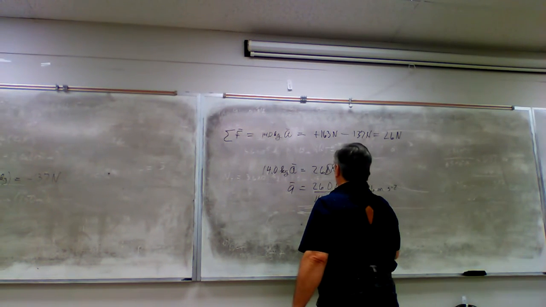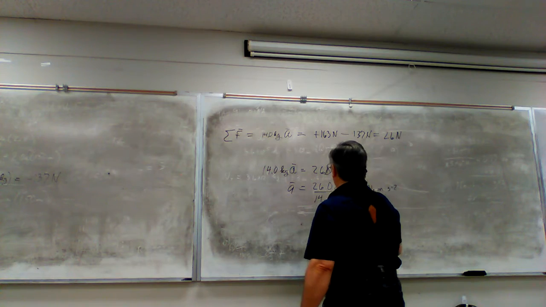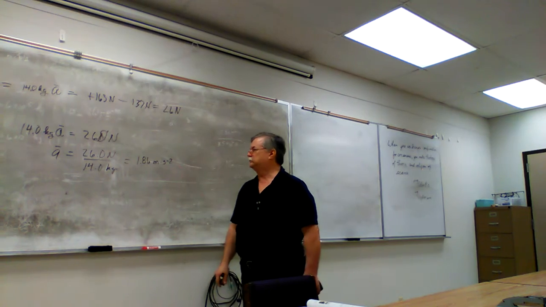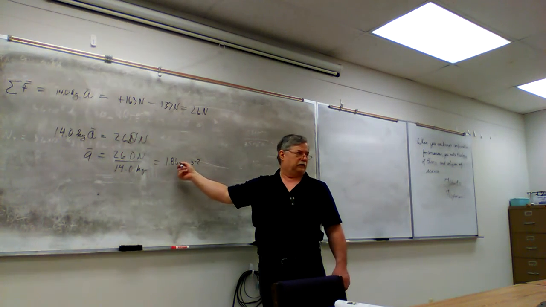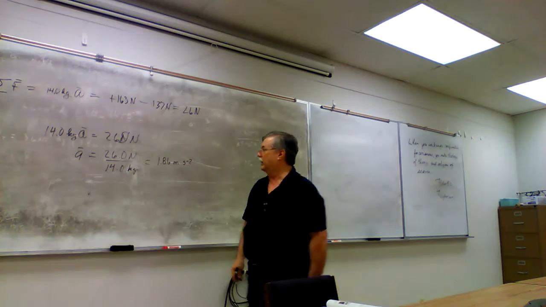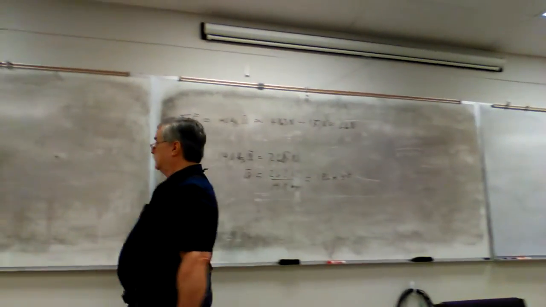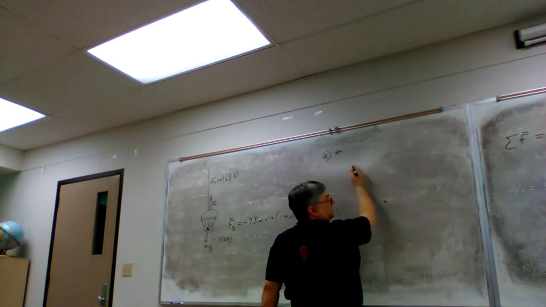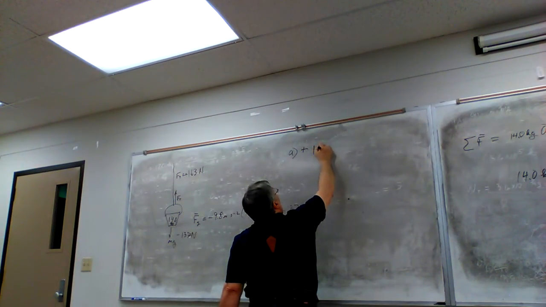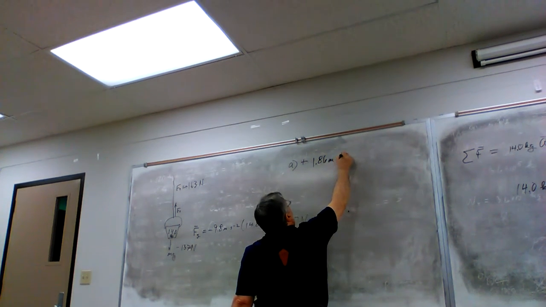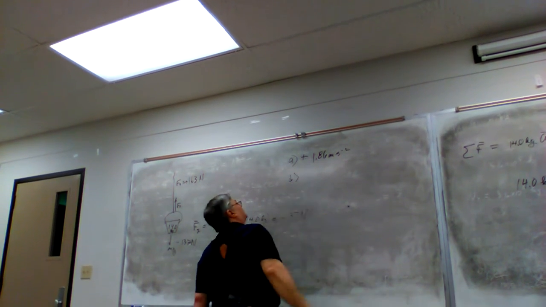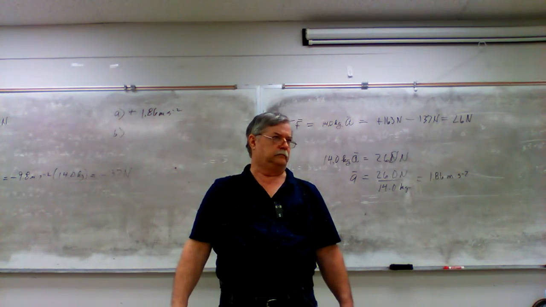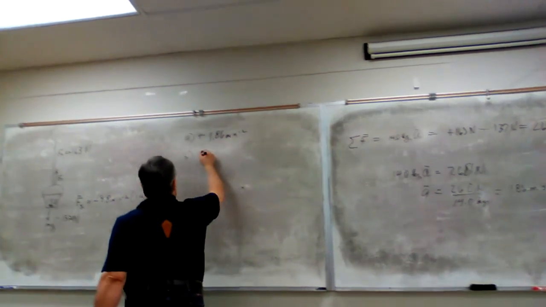Yeah, because that's not 14 newtons, that's 14 kilograms, which we divide out of the newtons, leaving meters per second squared. Is everybody getting the same answer? Okay. So the net acceleration of the bucket is plus 1.86 meters per second squared. What's the direction of the motion? Positive is up in this case.